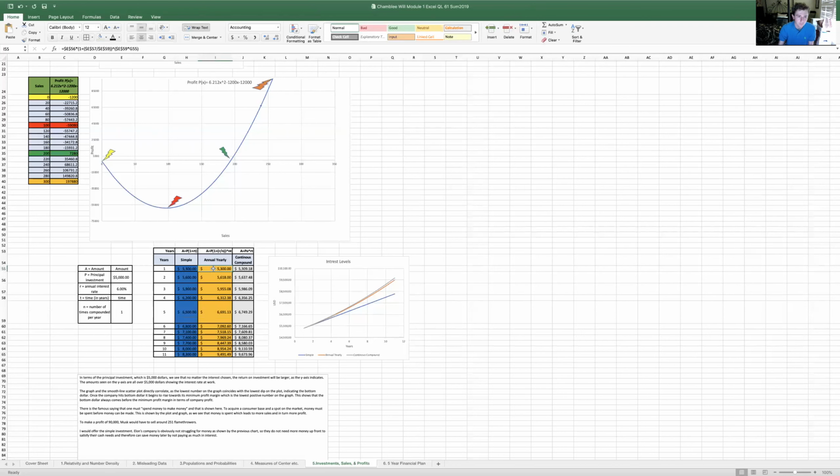And then, of course, here with annual yearly, it's a different formula. Instead of rate times time, you have rate divided by the number of times compounded per year, to the power of the number of times compounded per year times time.